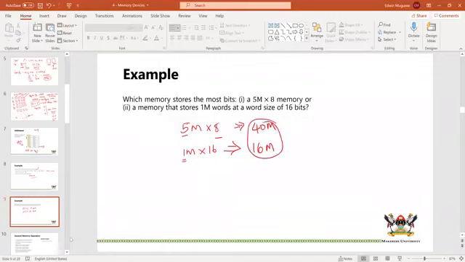So if you do the math, really, you can see that this memory stores more. If these memories were on the same size of substrate, we could say that the 5M by 8 is the denser memory. It has a higher density compared to the 1M by 16 memory.